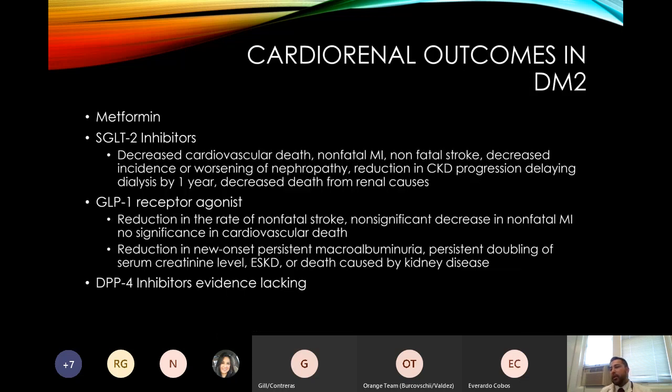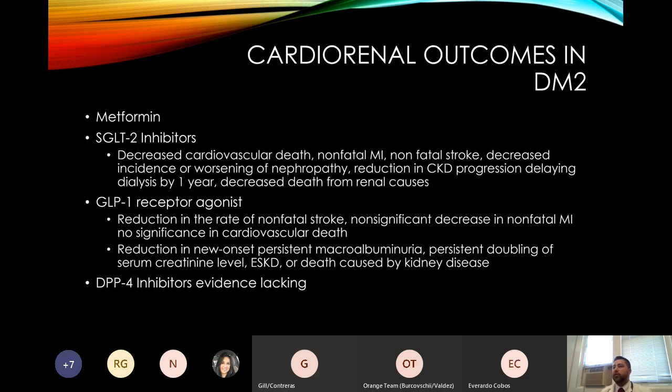One of the interesting parts of this consensus statement, scientific statement, is that they started to address SGLT2 inhibitors and anti-diabetic therapies, not just because of their anti-diabetic properties, but also their role in management of acute heart failure, especially with the SGLT2 inhibitors, and now their role in cardiorenal syndrome. So metformin is well known.